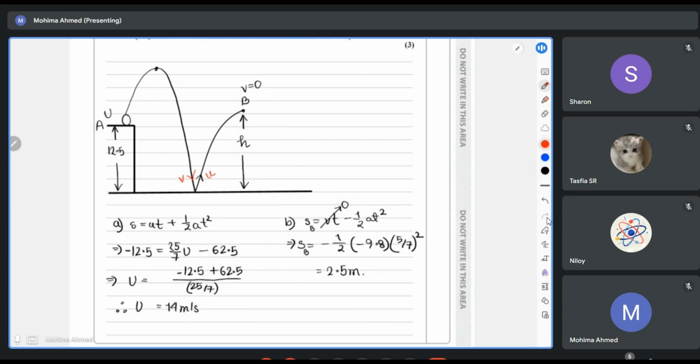So you can calculate the value for small u and v from any of the scenarios, from the first section of the journey or the rebound section of the journey. Let's just use the first section of the journey. You can use v equals u plus at, which is 14 plus a, which is negative 9.8, multiplied with 5 over 7.